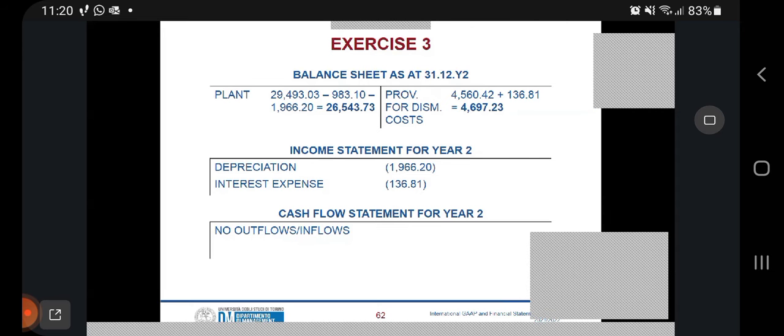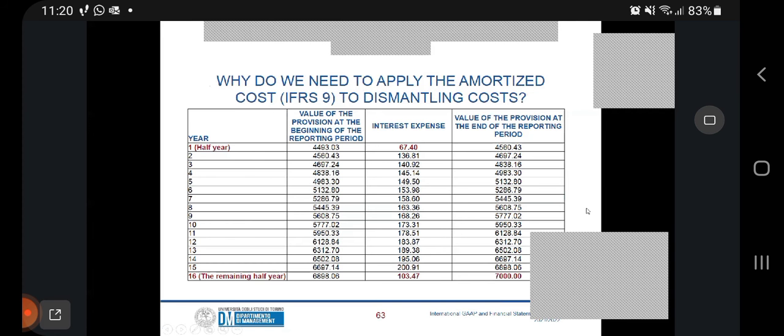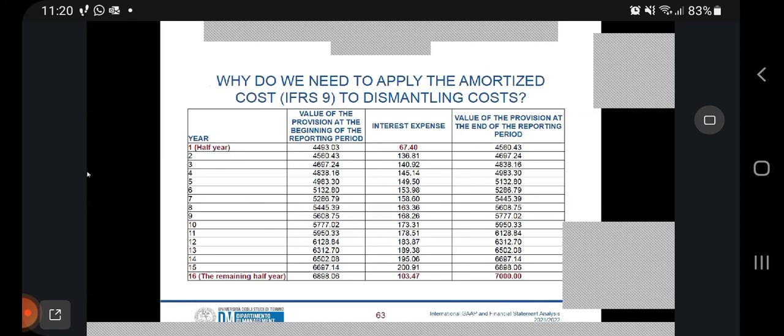Okay, let's check it together: the value of the provision at the third and fourth year, and then the interest expense. Okay, this is a tough table, but don't worry. Why do we need to apply the amortized cost IFRS 9 to dismantling cost?